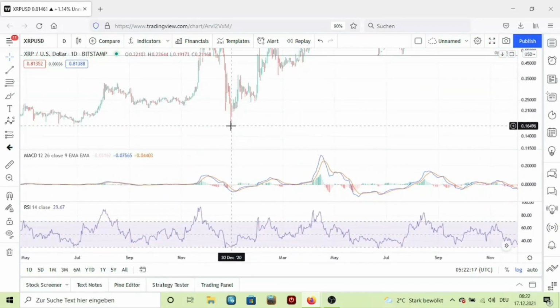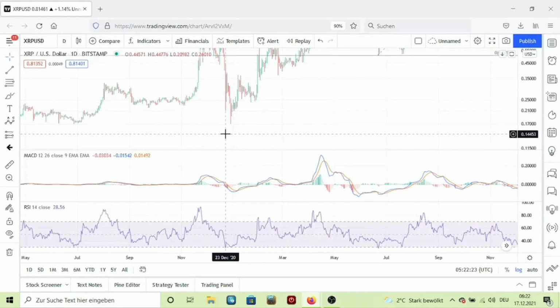This right here was the SEC drop. This was the biggest move down on the RSI. On the daily, that was 28.56. And then at the very bottom, from that SEC lawsuit, we had 30.23.